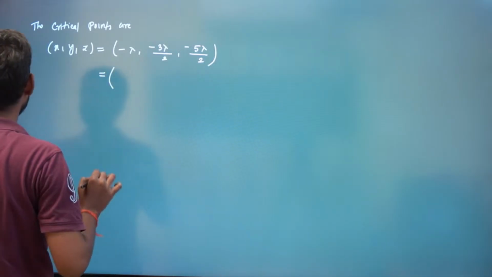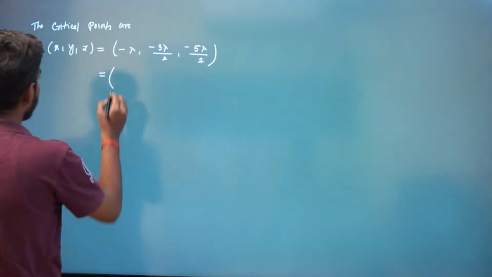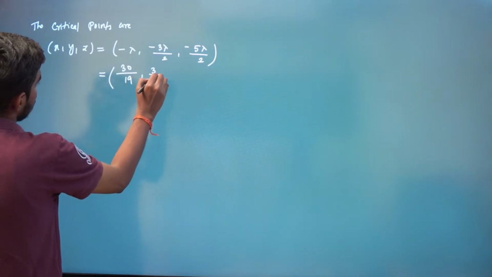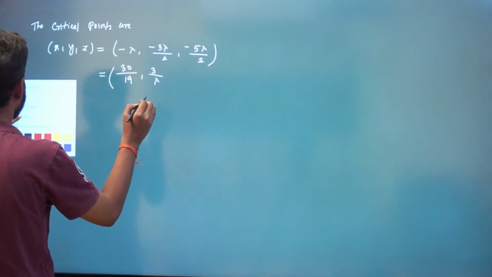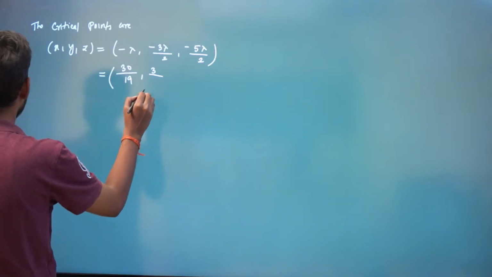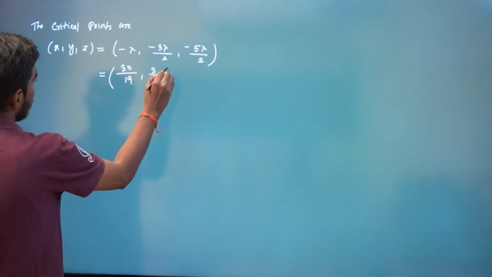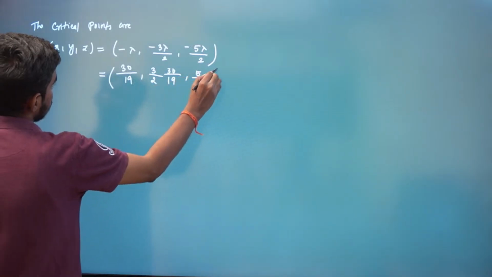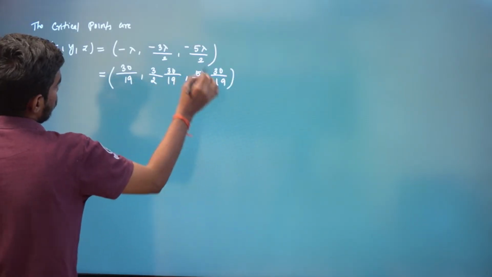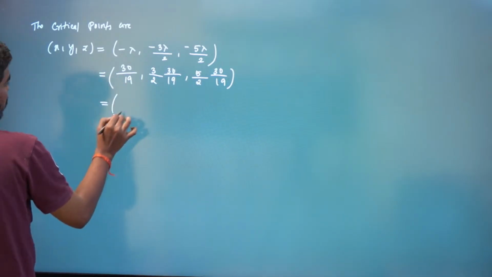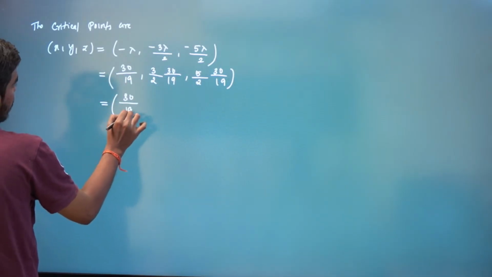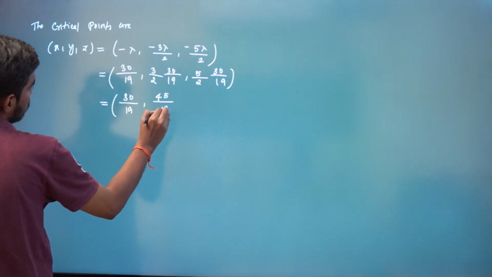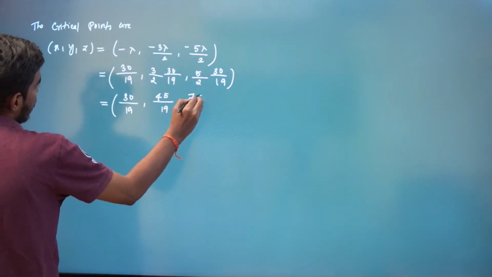So we know λ is -30/19. So minus minus, I'm just cancelling. So you'll have x = 30/19, y = 45/19, and z = 75/19.